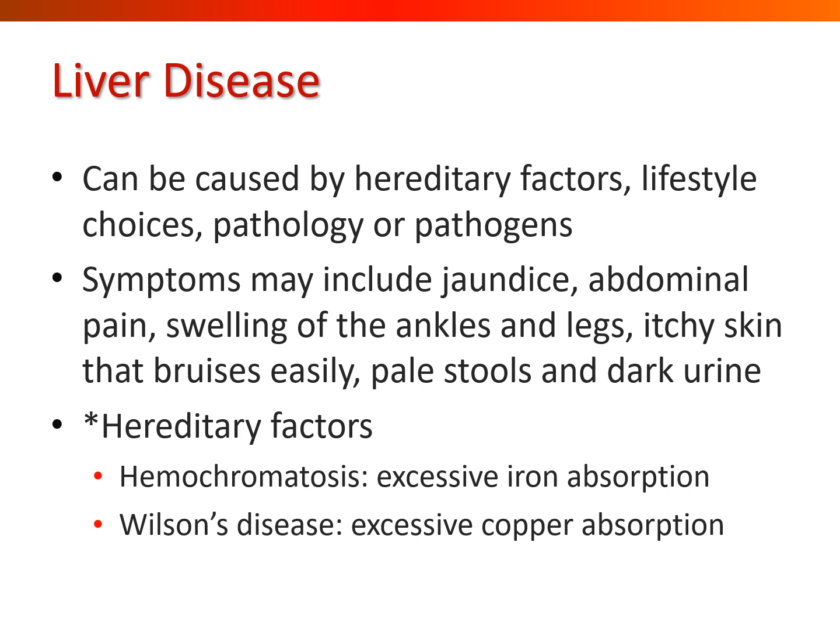So there's a couple of hereditary factors that can lead to liver disease. One of them is hemochromatosis, which is when you have an excessive iron absorption. And you will encounter patients who have this issue, and it's important that they get good supplementation, but they're going to be looking for those vitamins that don't have iron in them.